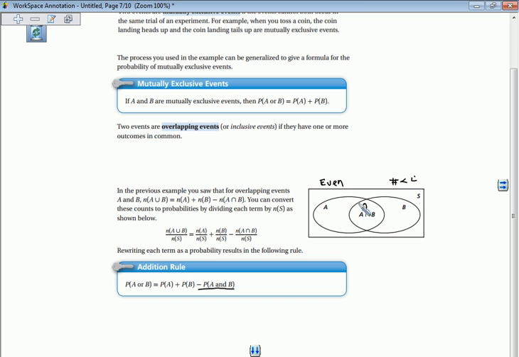So we have something in that overlap. We'll still have 4, 6, 8, 10, and 12 here. And a number less than 4 would be 1, 2, and 3. So we would have to subtract out that overlap because it's counted twice if we just do the probability of A plus the probability of B. Does that make sense? Okay?